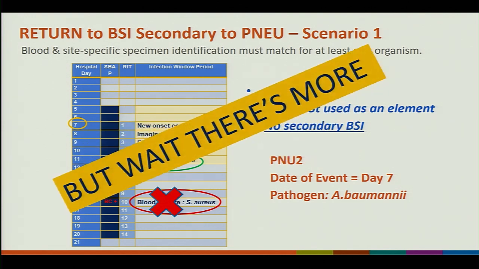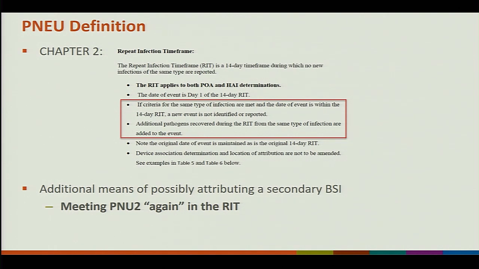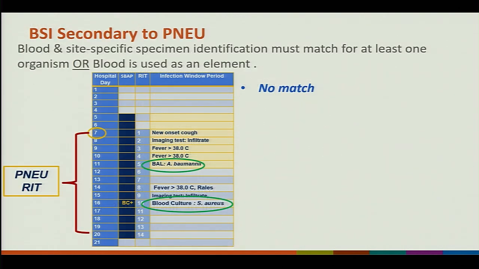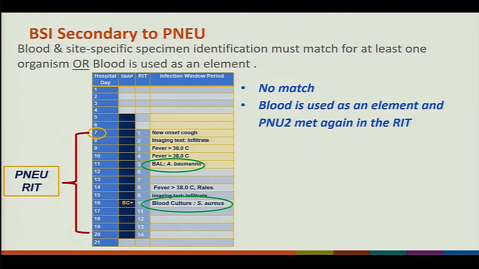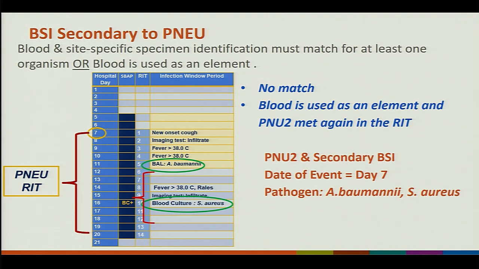This is the example where you can. So here you had a PNEU1, and now you can meet PNEU2 using the blood as the element. No, the blood didn't match the site-specific specimen, but if you can meet PNEU2 using the blood as an element, you can indeed call the blood secondary to the pneumonia event. And that's all for the secondary BSI.